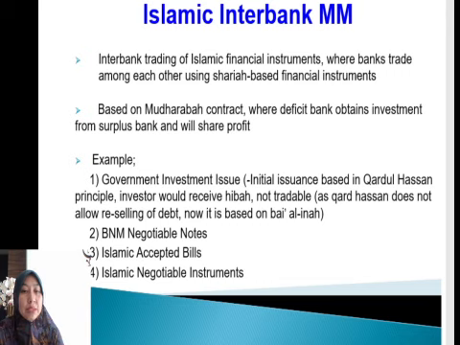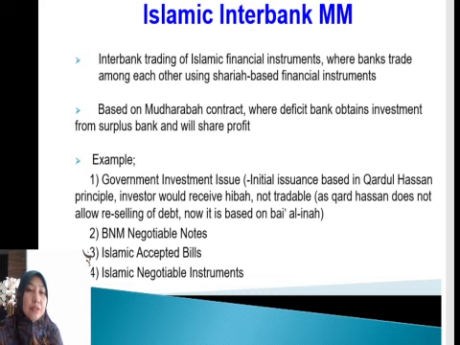Now it is based on Al-Ba'inah. So this is an example. And then BNM negotiable notes. Bank Negara Malaysia also, in case they need money, can borrow from the banks. And if the banks need money, Bank Negara also has products, Islamic interbank products.